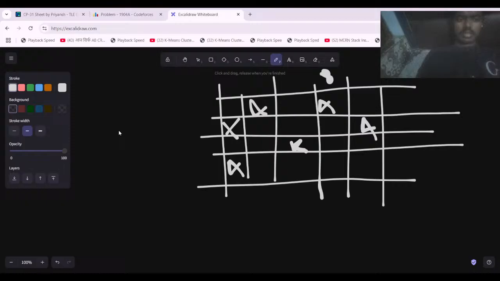We can all understand that if my knight is kept at any of these 8 positions, then my knight will be able to attack the king, because if the knight is kept at this location, I can move two in one direction.